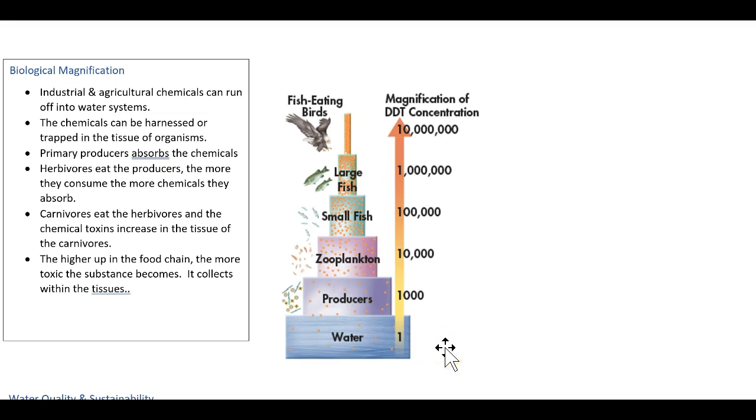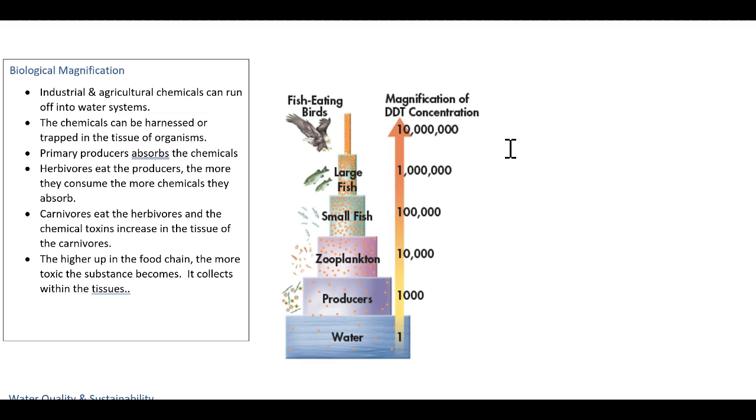Back in the 1960s, a chemical called DDT was used as a pesticide on farms and to get rid of mosquito populations. We noticed that the eagle population, the numbers of eagles and a lot of the bigger birds like the hawks, were starting to go down. They were starting to drop.